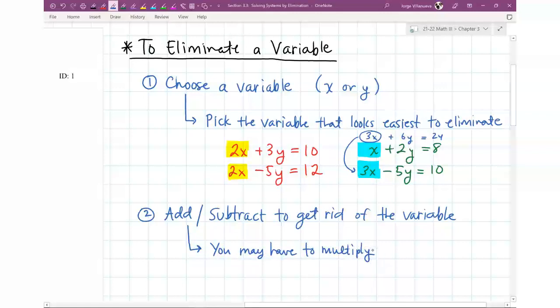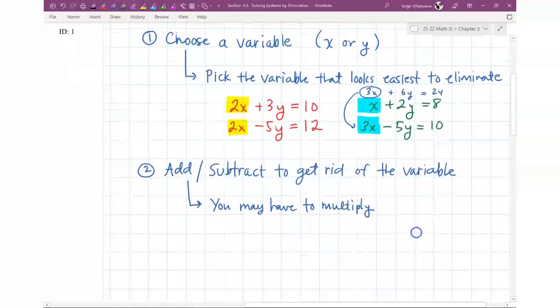It depends on what the equation looks like. Those are the ones that they call the hard questions. When you don't have to multiply, they are considered the easier ones. Step 3, solve for the remaining variable.